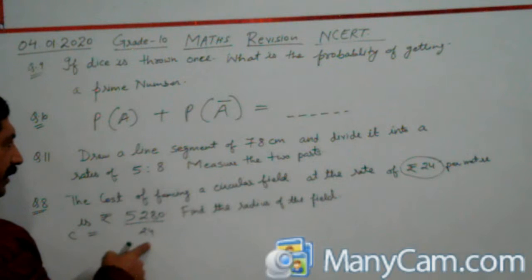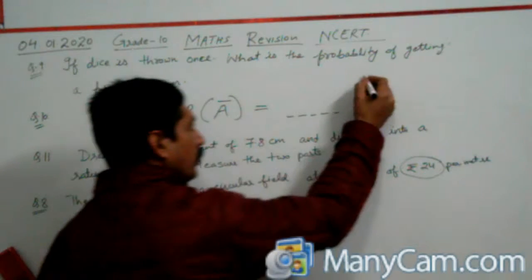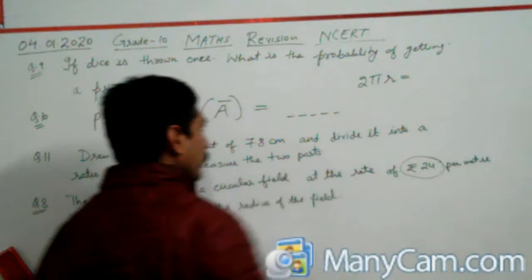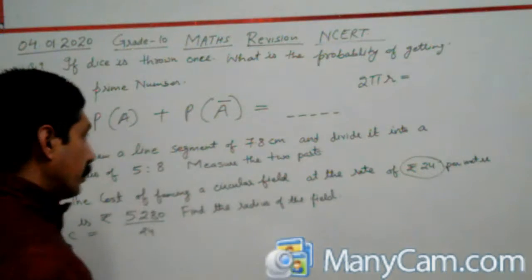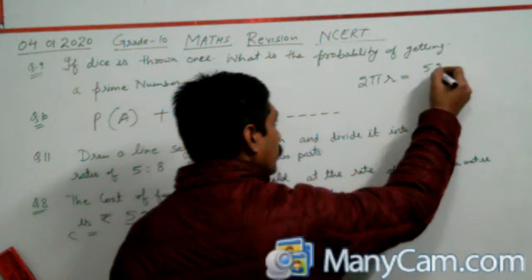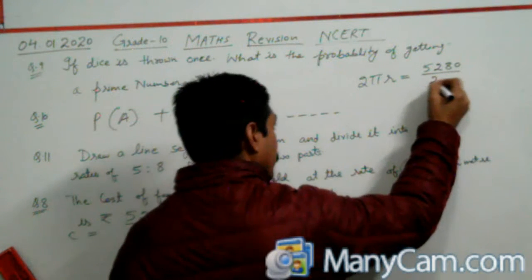5,280 divided by 24. And what is the radius? Then what is the radius? 2 pi r is equal to 5,280 divided by 24.